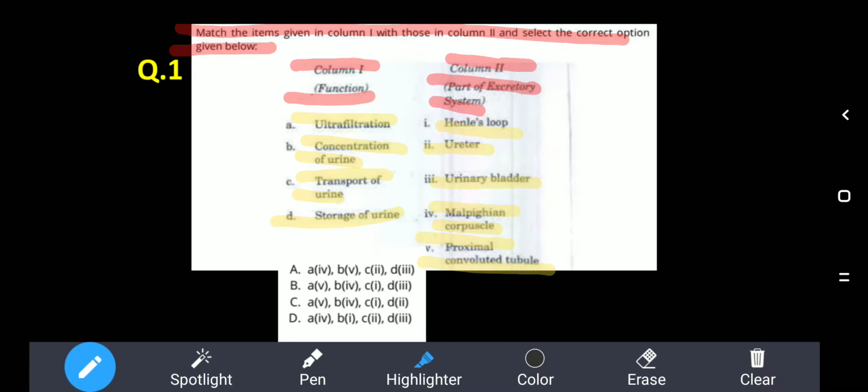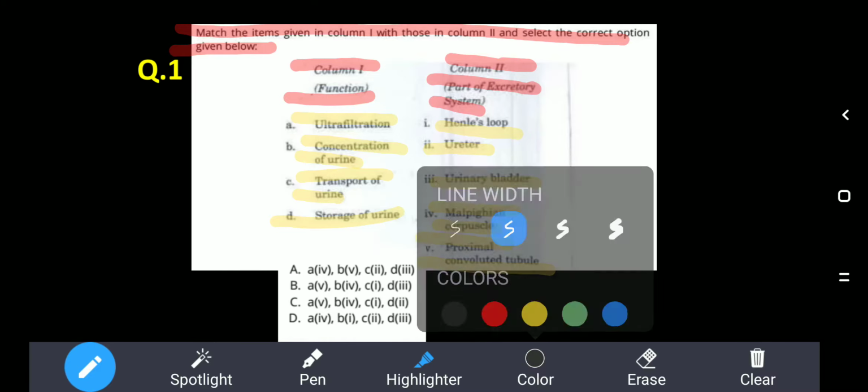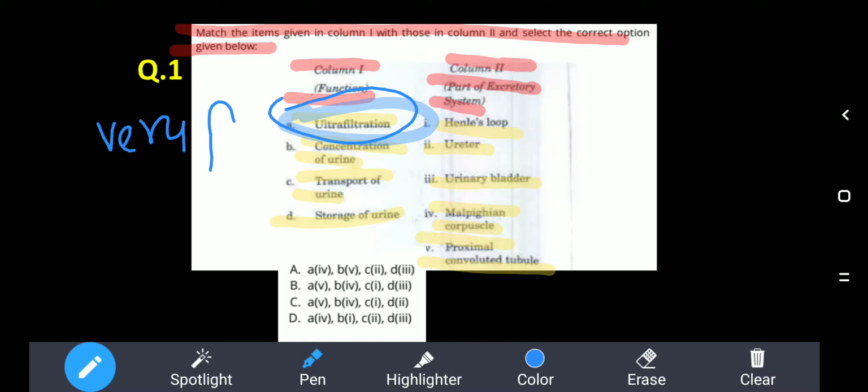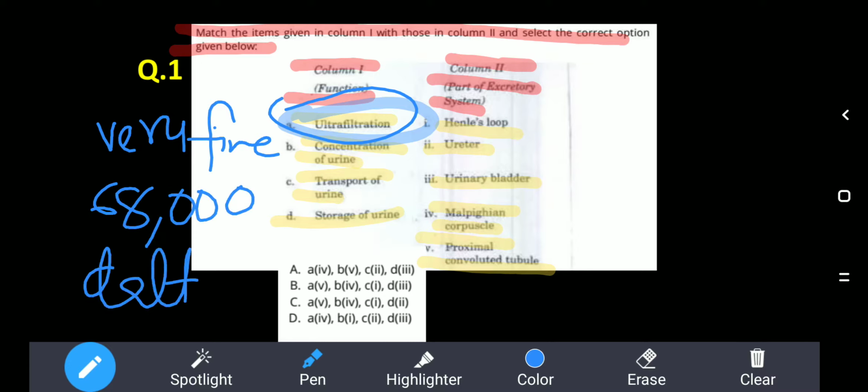So when you look at the options given to us in column 1 and column 2, we need to match them and look for the correct option here. If I talk about ultrafiltration, we need to first understand what ultrafiltration is. It is the filtration of very fine particles, of weight less than 68,000 daltons.